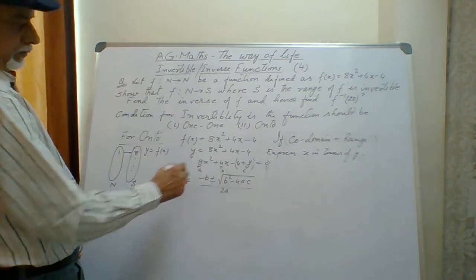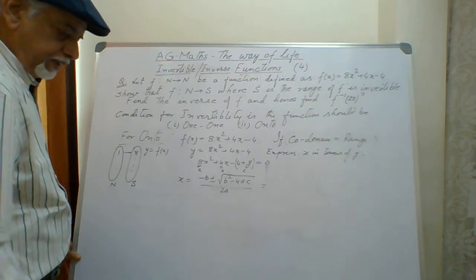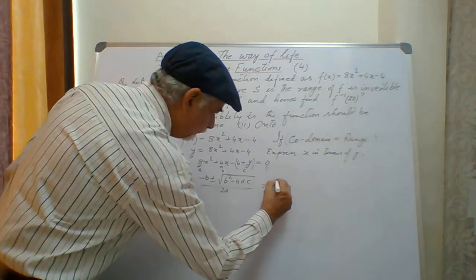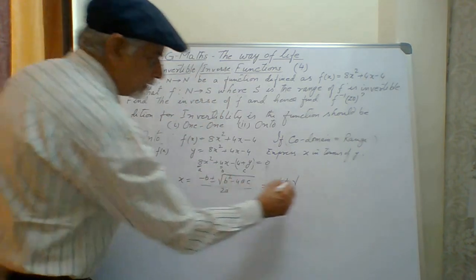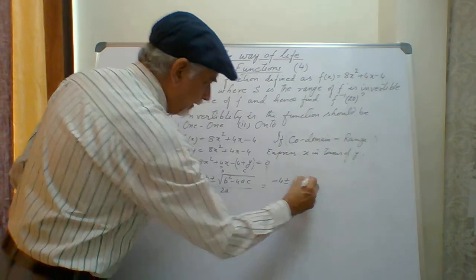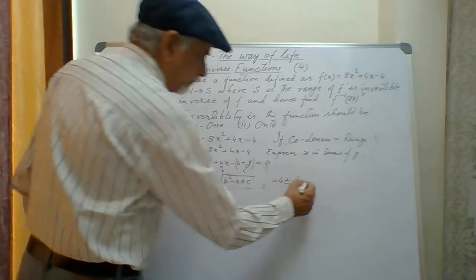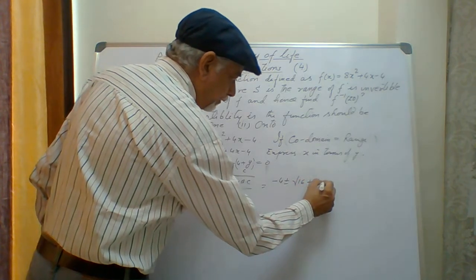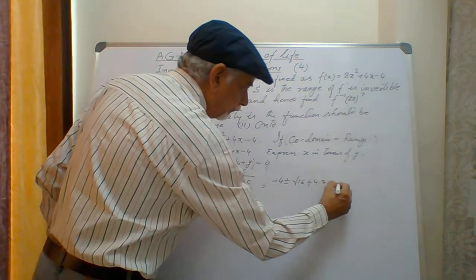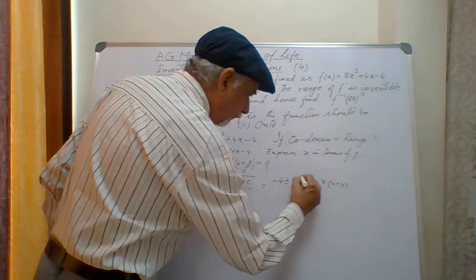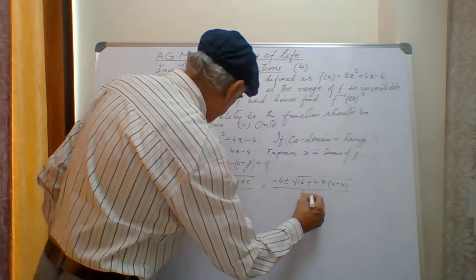Now putting the values of a, b, c here, what we get is minus 4 plus minus under root b square, which is 16, minus, and there is a minus sign before c, so it will become positive, 4 into a into c. c is minus 4 minus y, and the whole is divided by 2 into 8.